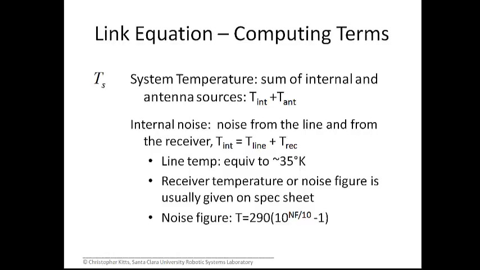We get distortion of the signal as it moves through our equipment. The equipment is operating at a certain temperature, and something I think I've mentioned before, and I'll certainly mention again, is any object with a temperature radiates electromagnetic energy.